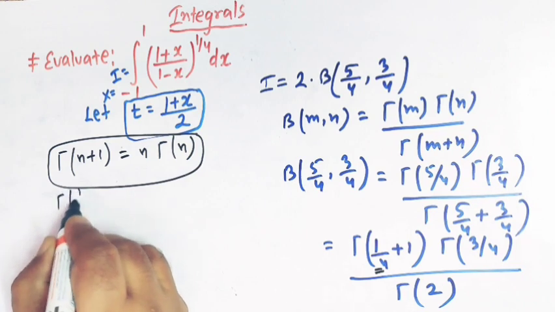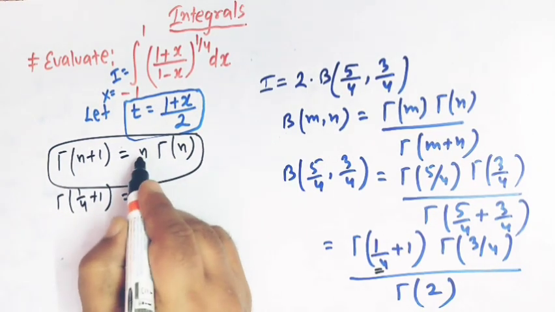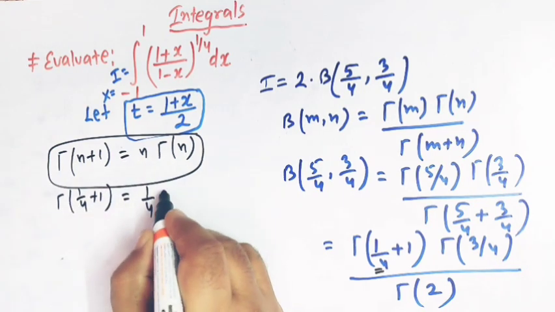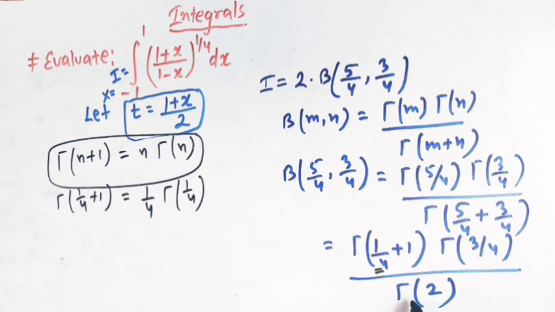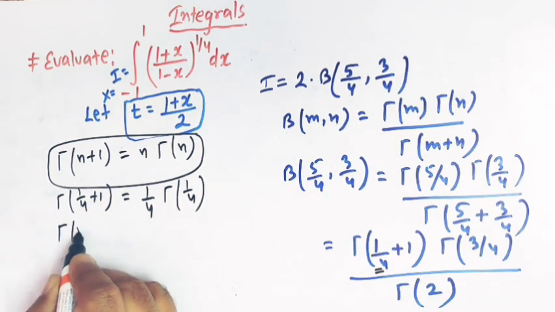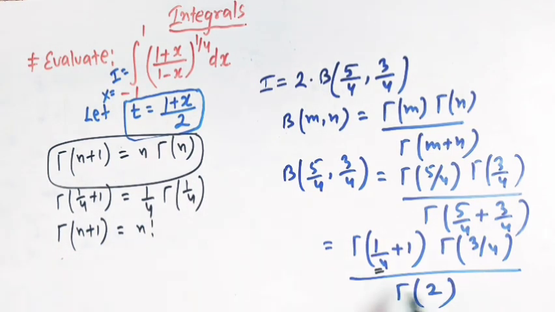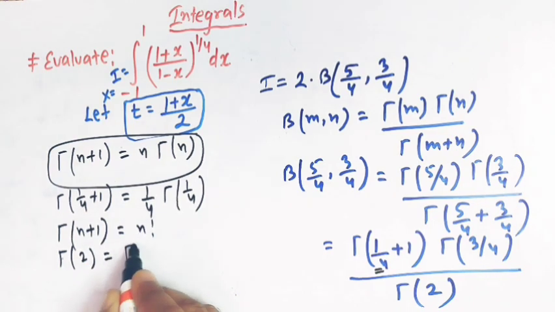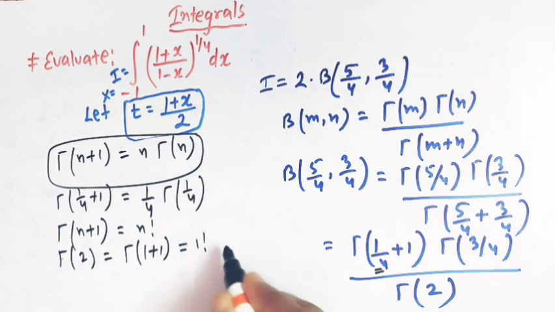So gamma(1/4 + 1) is equal to 1/4 times gamma(1/4), because n is equal to 1/4. And we also know that gamma of (n + 1) is equal to n factorial. So gamma of 2 can be written as gamma of (1 + 1), that is 1 factorial. 1 factorial is 1, right?